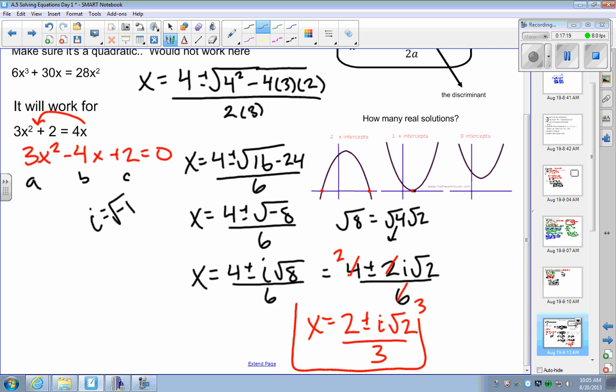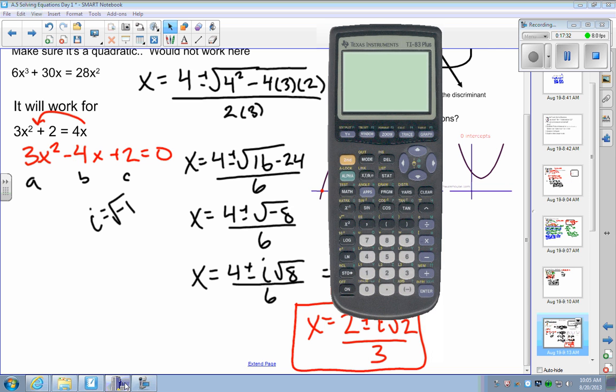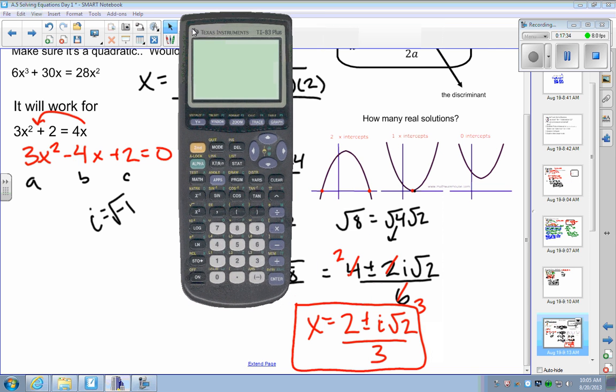The only problem with this is we can't check that answer in our calculator because we're not able to input the i. But what we can do is check the original quadratic and see if it hits the x-axis or not. So if I graph this, okay, I can see it doesn't hit the x-axis there.